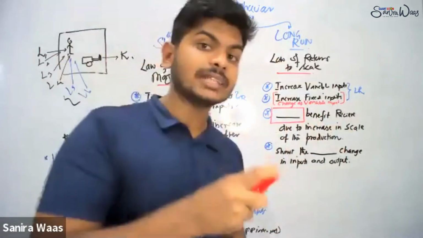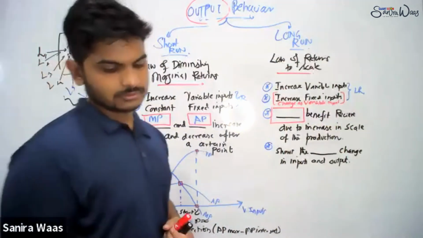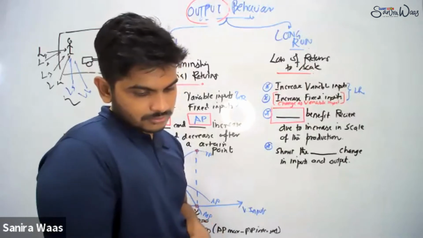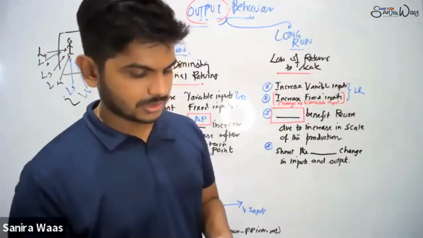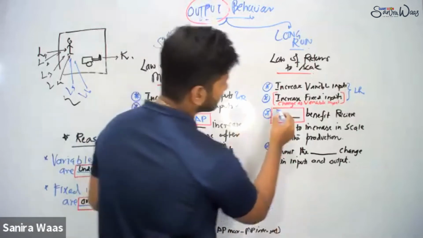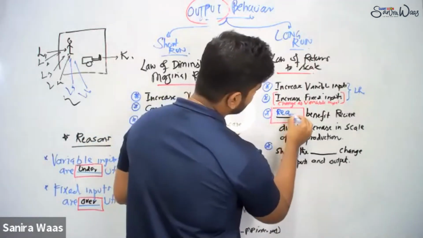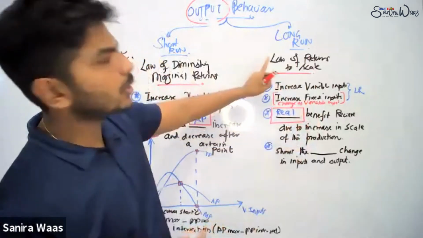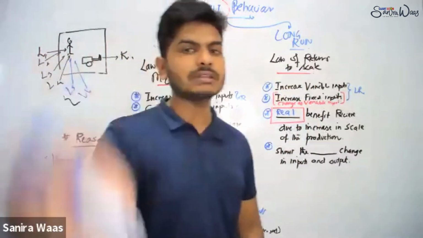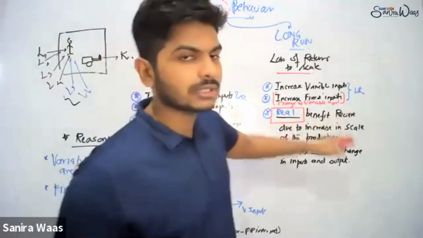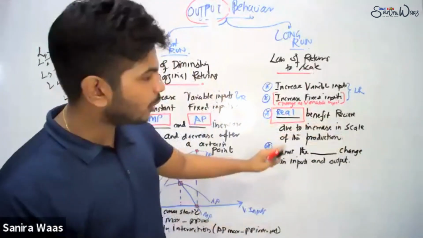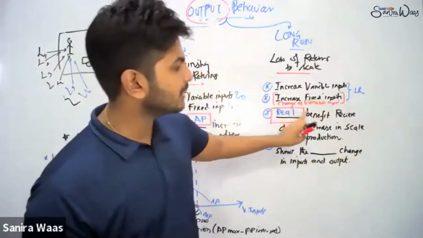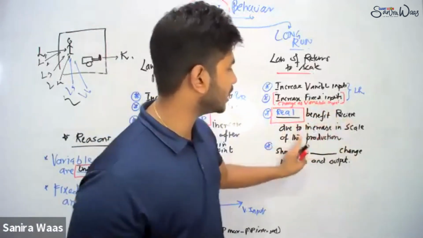So this is the real benefit. Then if this is the financial benefit, what is this law all about? The financial benefit received due to the increase in the scale of the production.